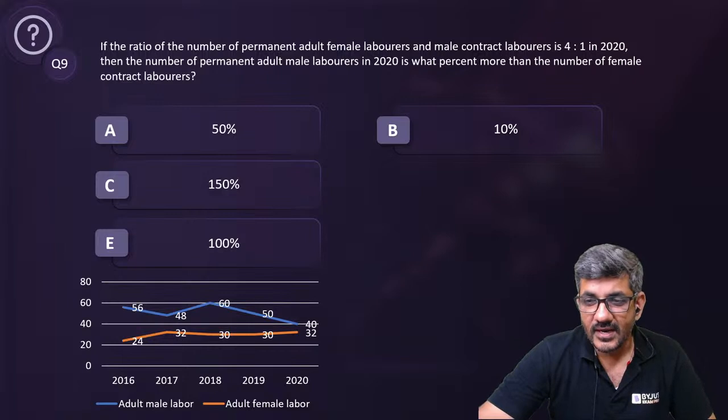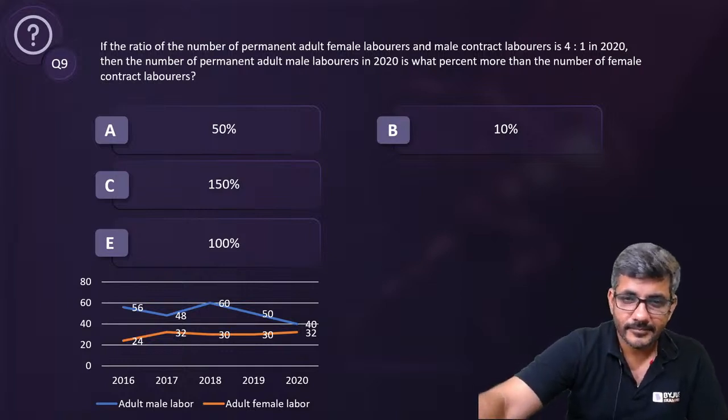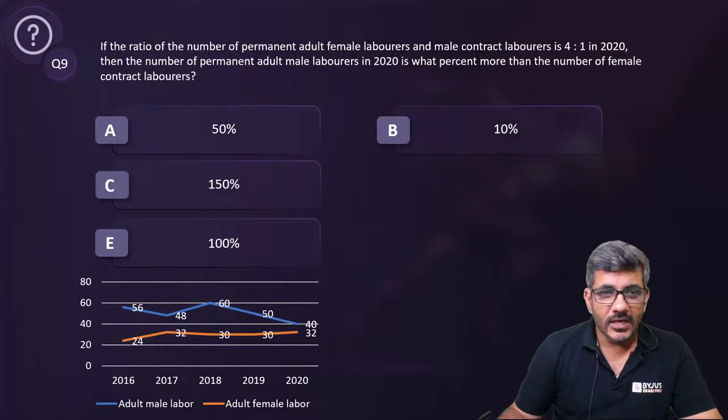Okay, Anaga has once again answered E. Very good. This doesn't look like a very difficult question. I'm sure all of you can do it fast enough. Okay, let's start doing it now.